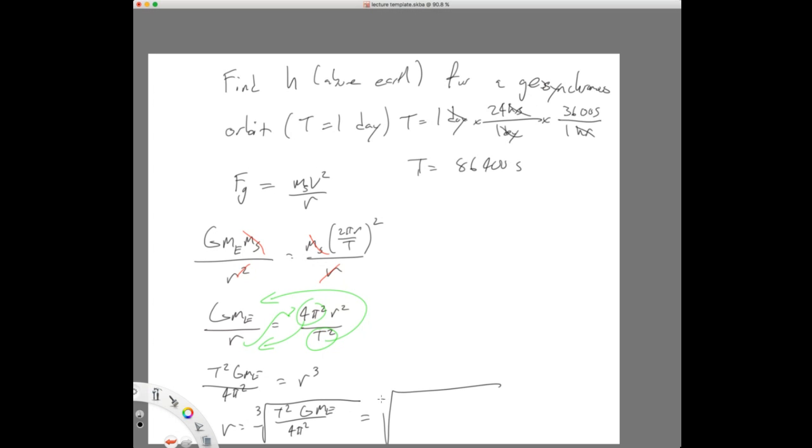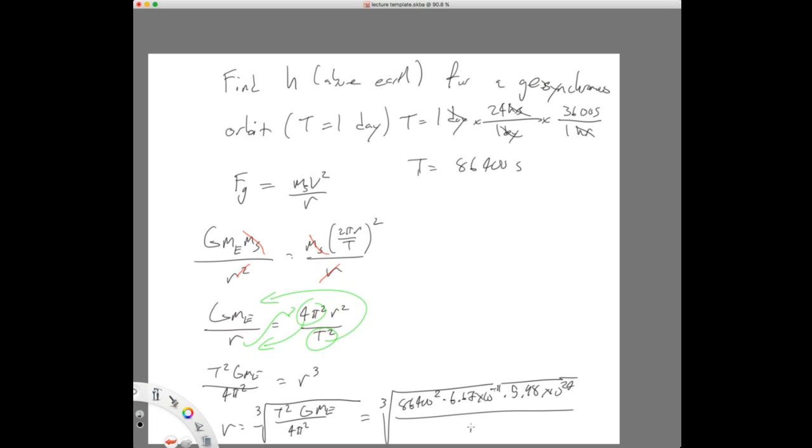Now we're going to get the cube root of 86,400 squared times 6.67 times 10 to the minus 11. It's a little hard to read there, minus 11. And then we have 5.98 times 10 to the 24.